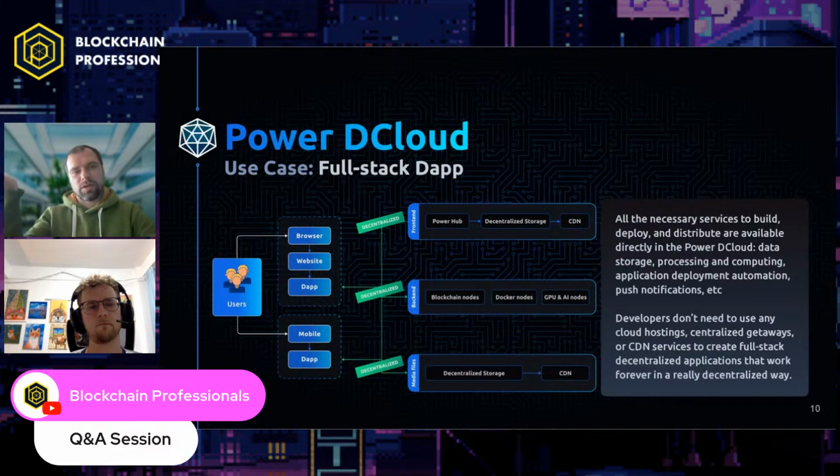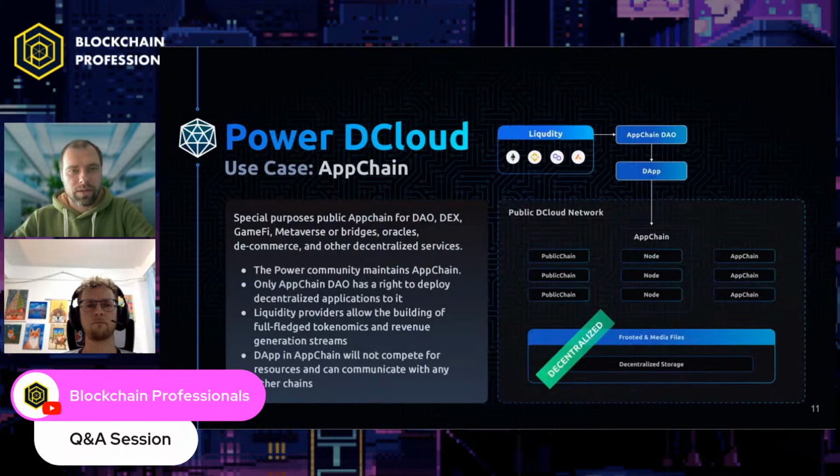You can use external APIs like OpenAI, or you can deploy your own small llama, or maybe you have your own servers, and it's also possible to connect them, and so on.